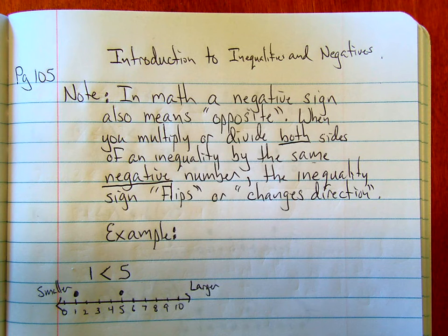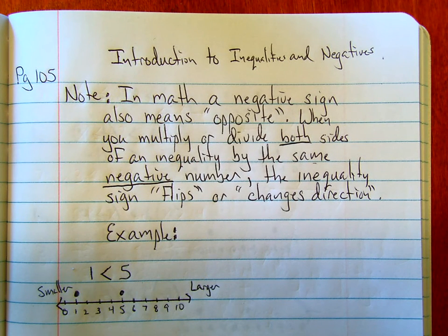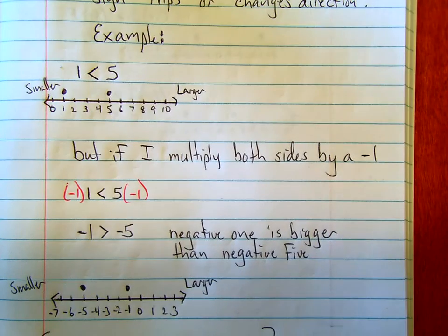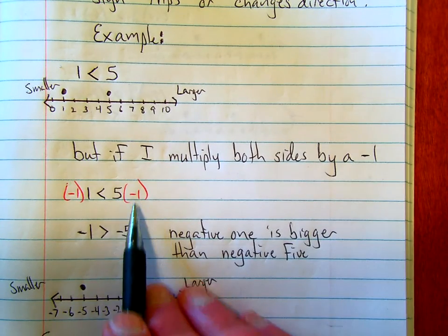We all agree that 1 is less than 5, and we graphed it on a number line. But if I multiply both sides by -1, -1 times +1, well, that's -1. And +5 times -1 is -5.